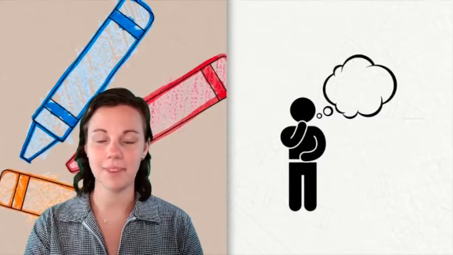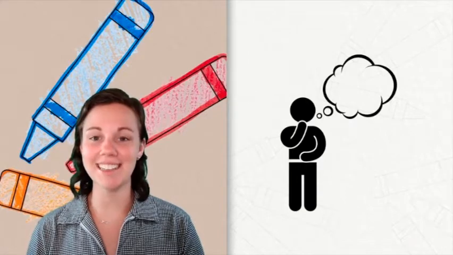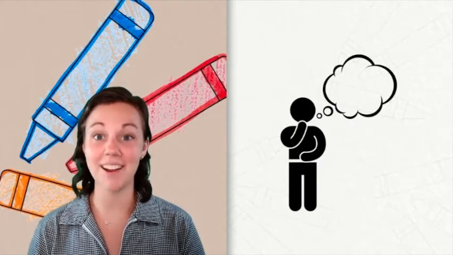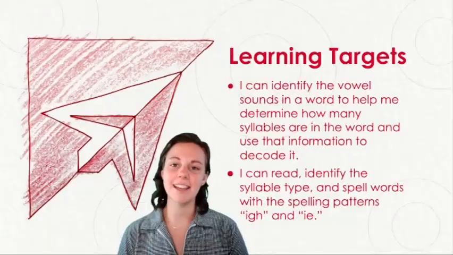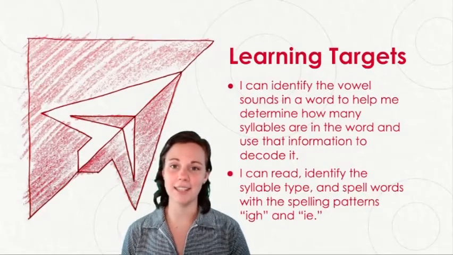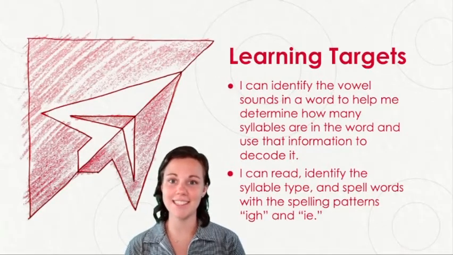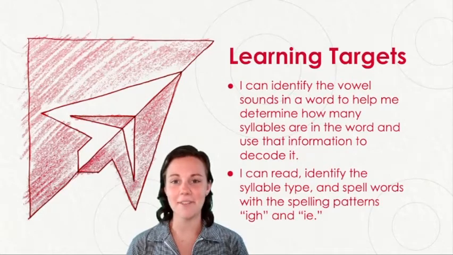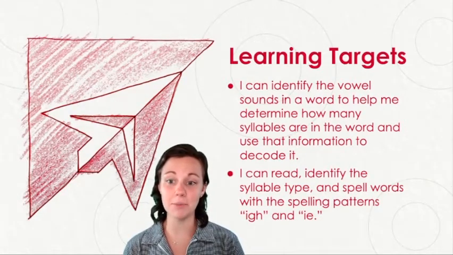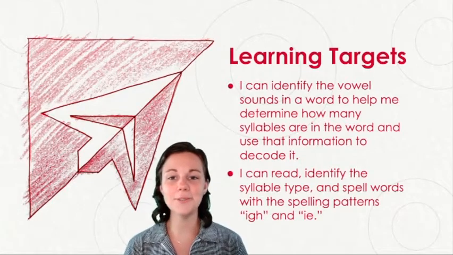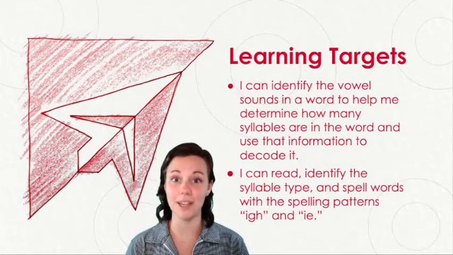Materials! For today, you'll need that thinking cap. Are you ready? Here we have our learning targets. The first learning target says, I can identify the vowel sounds in a word to help me determine how many syllables are in the word and use that information to decode it.